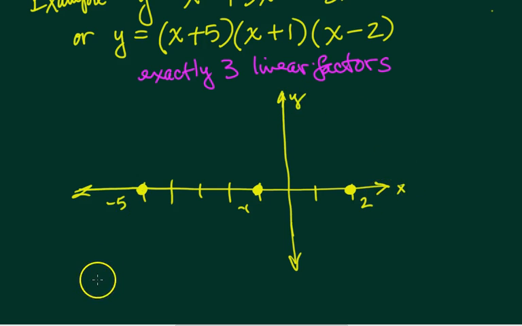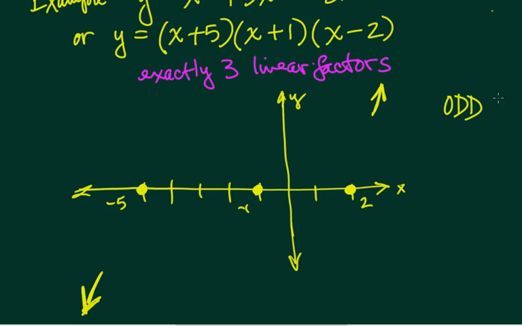And I know that I need to go down like that and up like that, so low on the left, high on the right, simply because this is an odd degree polynomial.